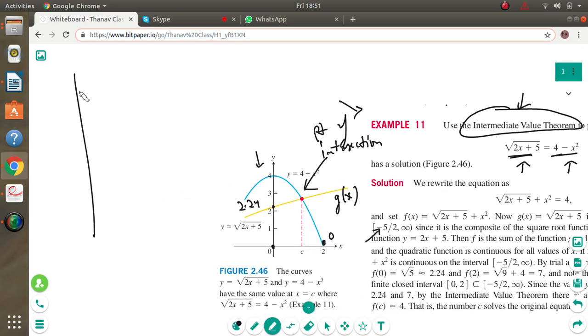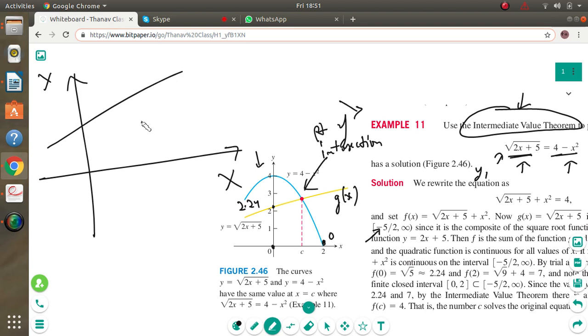You take one function, y1, that is root of 2x plus 5, so y1 is equal to root of 2x plus 5.